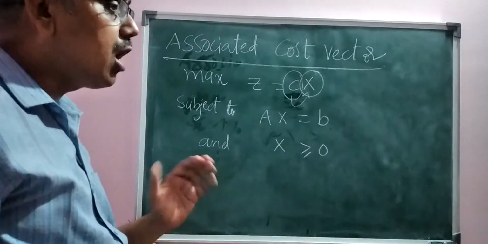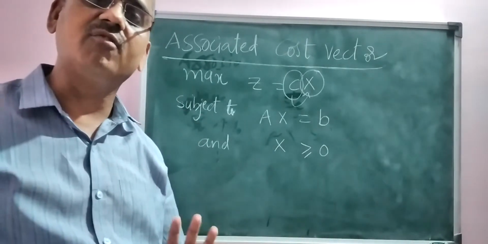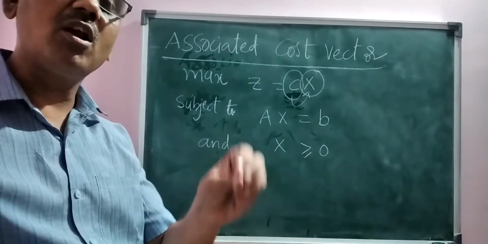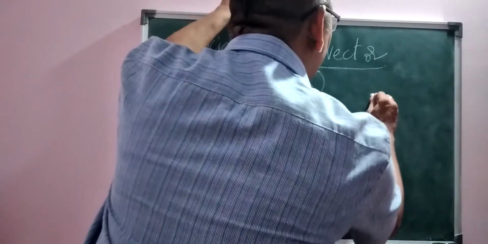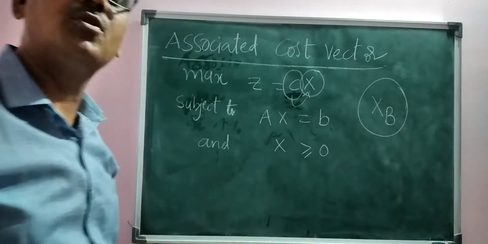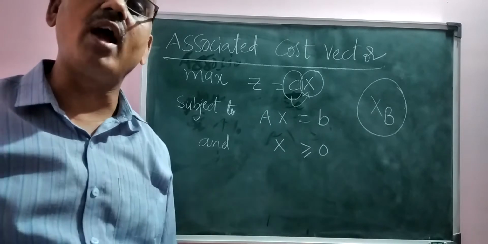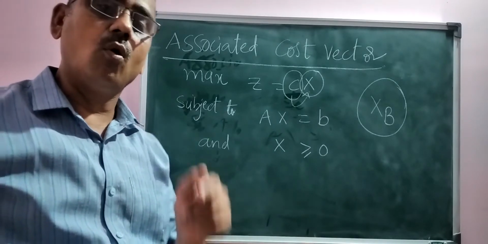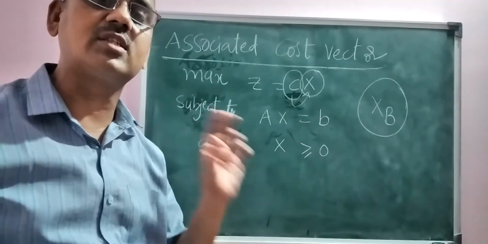So now the associated cost vector is going to be defined for one particular feasible solution. Now I consider the basic feasible solution xb. xb is the basic feasible solution I consider. That is not all the variables x1, x2, xn, only the variables in the basis, which we call the vector xb.